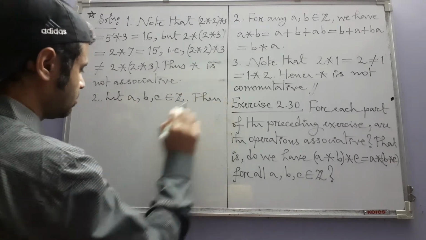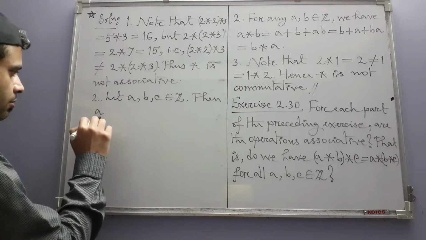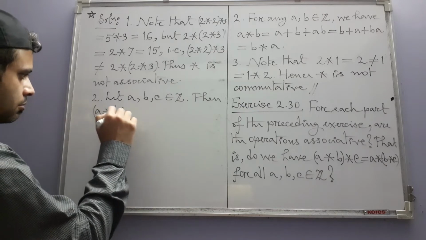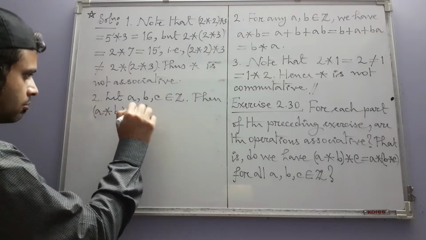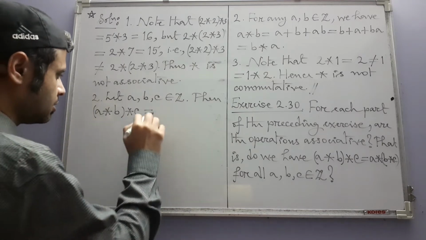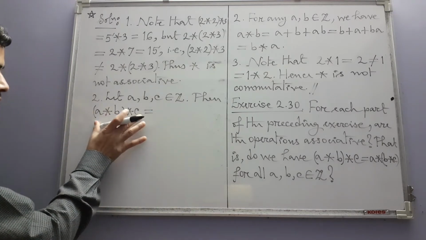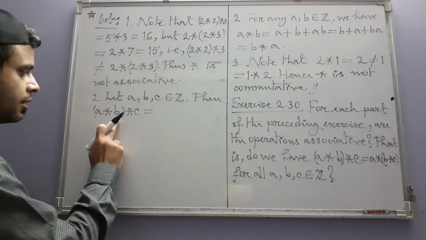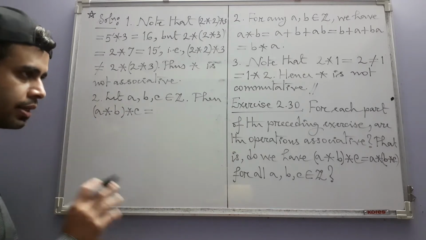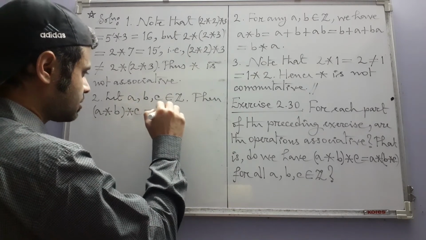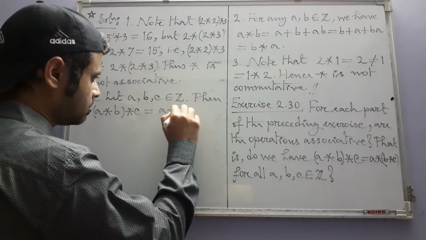Then A star B star C. First we calculate this one. If you want, you can calculate the outer product also, keeping B star C as it is, and then calculate A star that. It's up to you. So we first decide to do this one.